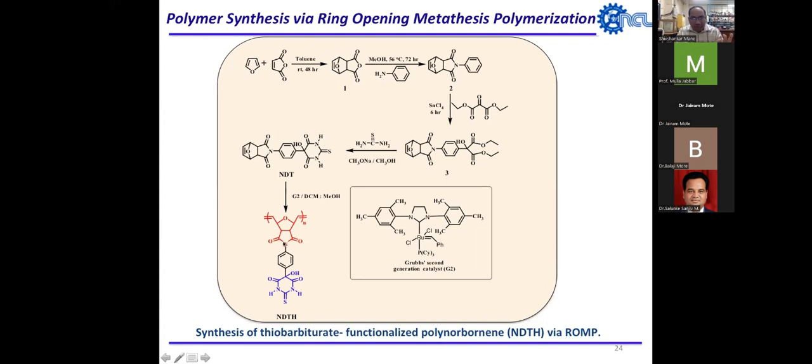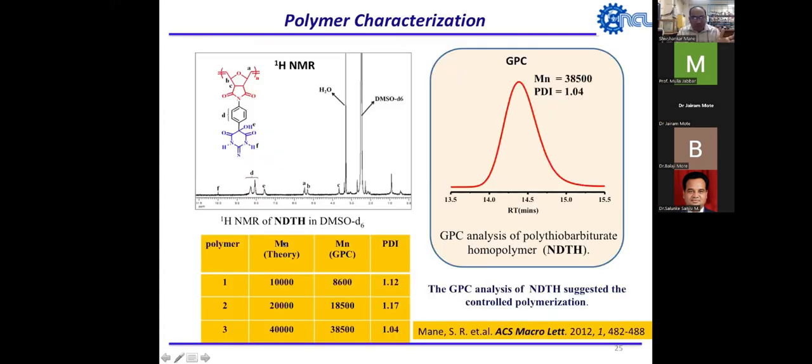Once we make these polymers, the next step is to characterize them. We used a simple NMR technique to analyze the particular signals of these polymers, where you can see the aromatic proton signals, the amide proton signals and the olefinic signals, which confirm the formation of the polymers.